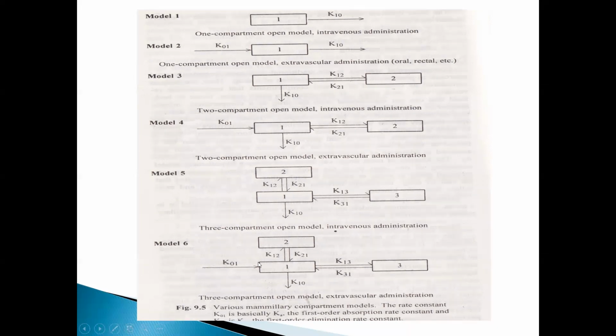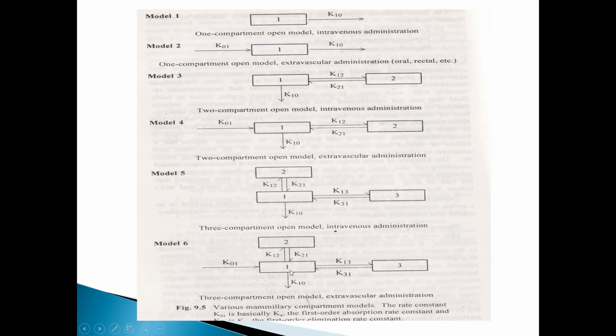Since there is the absorption phase, the absorption rate constant is given by K01, which indicates the movement of drug from outside into the central compartment, and the distribution is given by the rate constant K13, which indicates that the drug is moving reversibly from the central compartment to the peripheral compartment. 1 to 3 is given by K13, and K31 is movement of the drug back from 3 to 1.